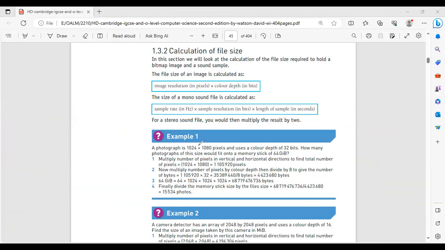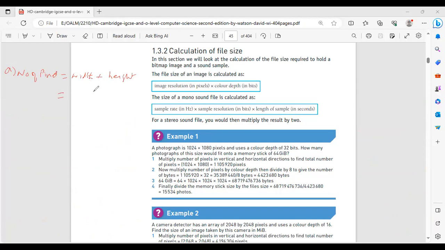First of all, you need to understand, I have told you there are different steps. Step number one is to calculate the number of pixels. Number of pixels is equal to the width in pixels multiplied by the height or length, whatever it is.